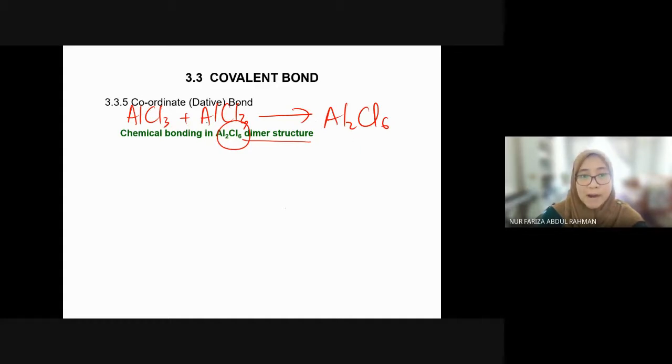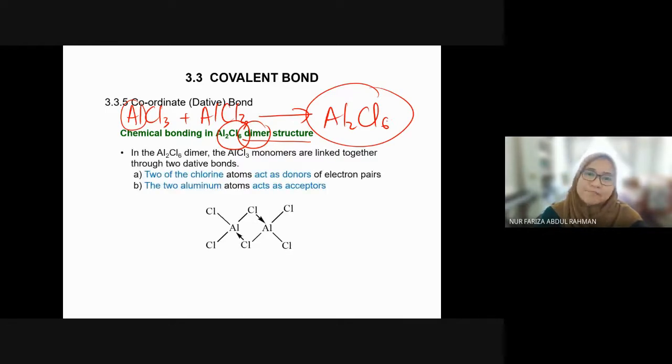How do they combine? They combine and form a dimer structure. What interests us is to see how the bond forms. Because we know that aluminium has an incomplete octet, like boron just now. But how can the dative bond be formed in Al2Cl6?